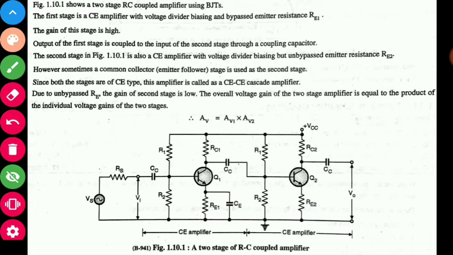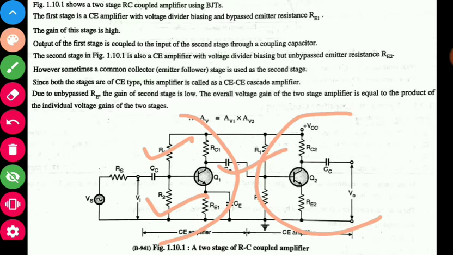However, sometimes a common collector emitter follower stage is used in the second stage, using R1, R2 and a coupling capacitor for biasing purpose.